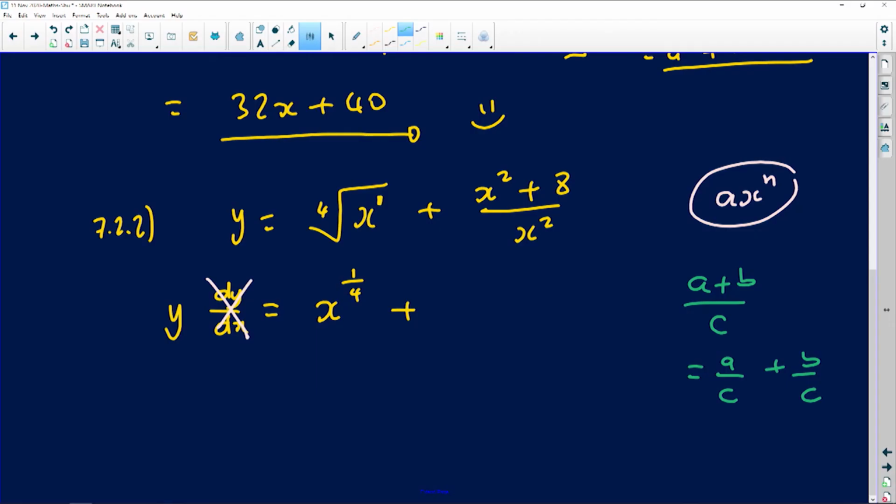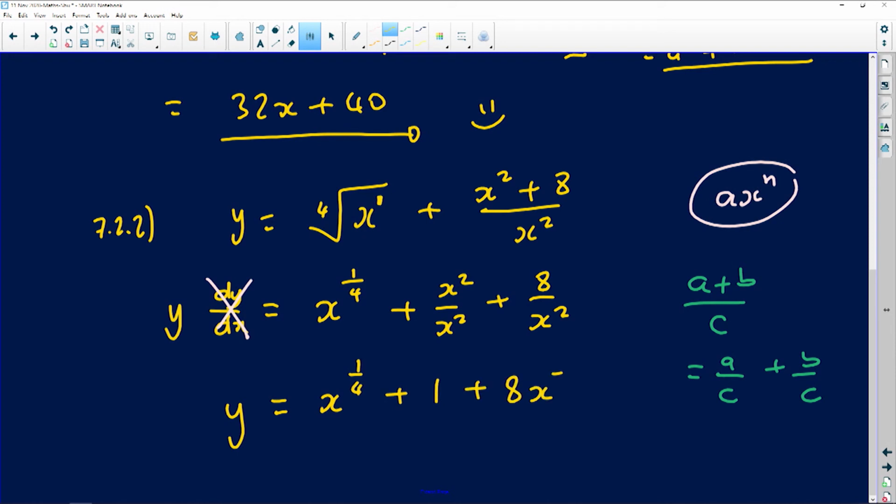Very powerful. So I'm going to apply this idea here. I'm going to split the denominator. I'll get x squared on x squared. I'll get 8 on x squared. What does this become? My y becomes x to the quarter plus 1, plus, now this is in the wrong place, obviously we take it up, it becomes 8x to the power negative 2.